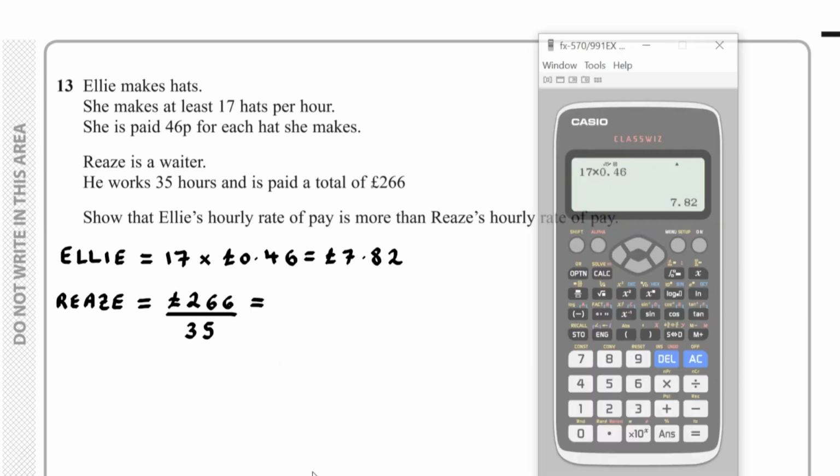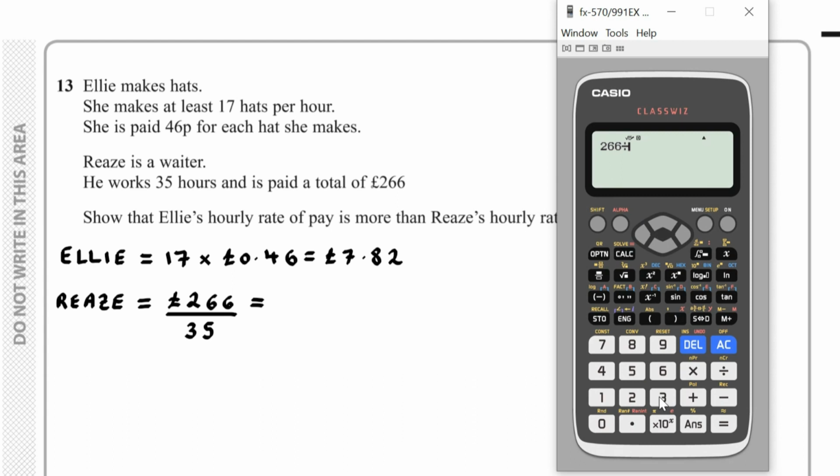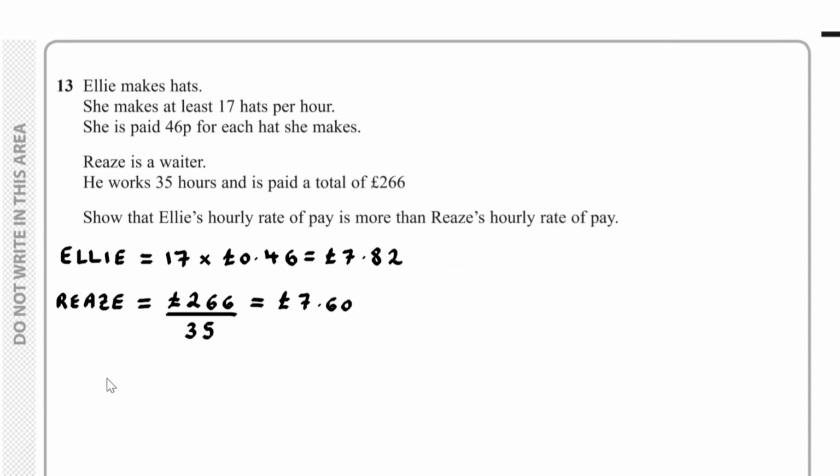And if we work out what this is, that would be £7.60. So we can see then that Ellie is paid more per hour.